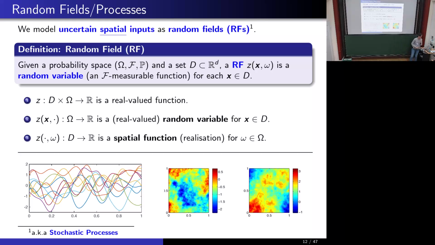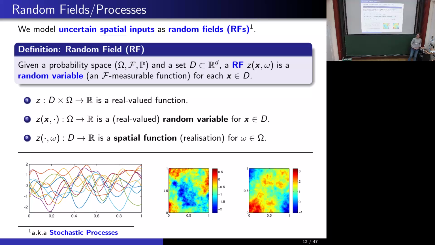I think there are really three ways that you can think about a random field. You can think about it as one function, which has inputs from your spatial domain and, a bit hand-wavy, inputs from your sample space. It's just a function of both x and omega. X is connected to your spatial domain, omega is connected to your probability space.